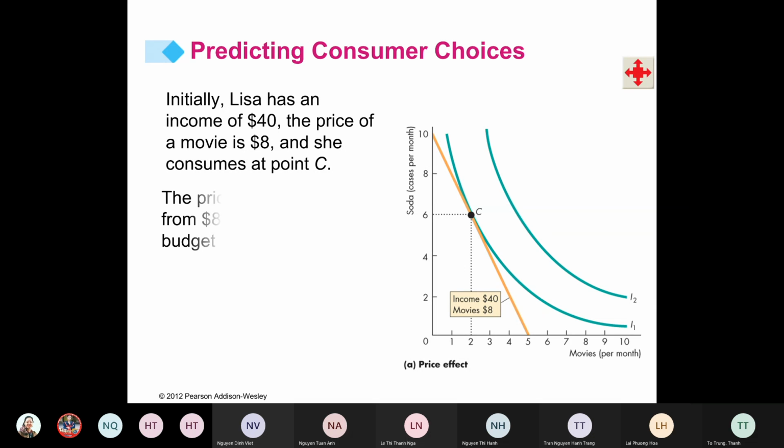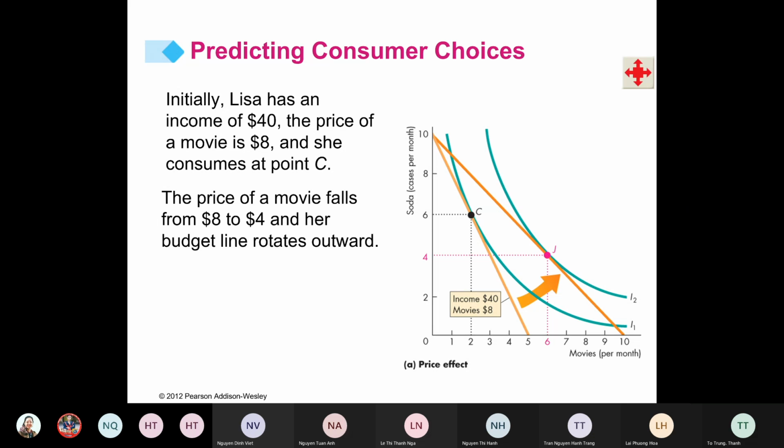The question is, what happens if the price of movies declines from $8 to $4? You all know, right?